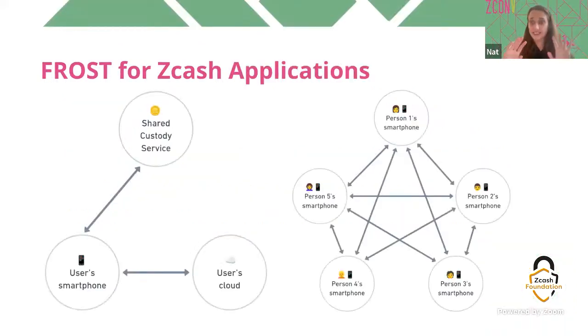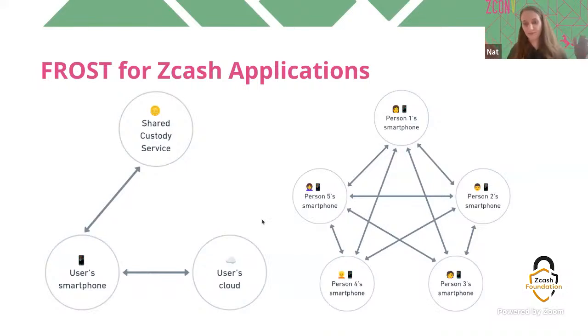So there are a variety of different uses of Frost for Zcash applications. So there's an example of a user having their keys managed by a shared custody service. And you can have your shares backed up, basically.